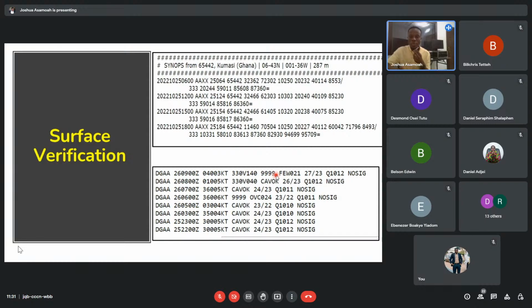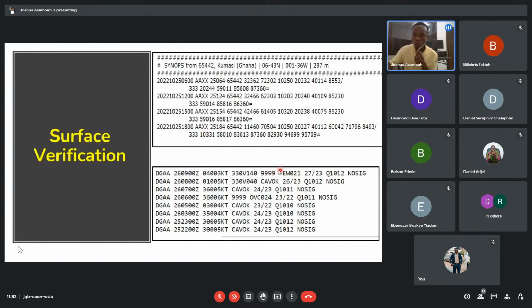So at every point in time, you have 4 figures there. If the visibility is three digits, you'd have to start with 0 so that your three digits follow and make up the 4 figures. So once you're getting anything 10 kilometers or more, it becomes 9999. That's the code for visibility of 10 kilometers or higher.